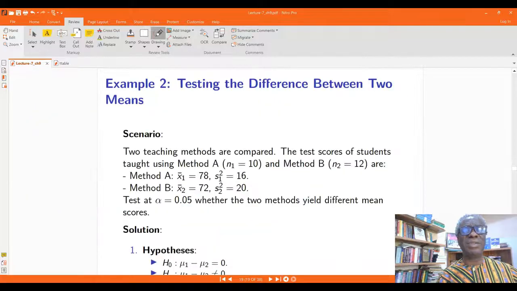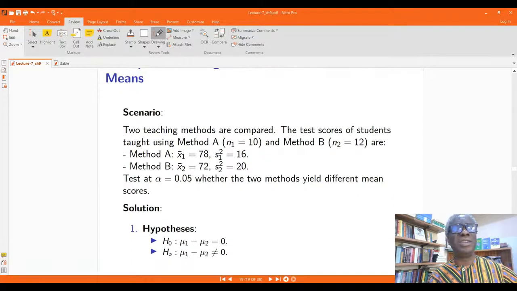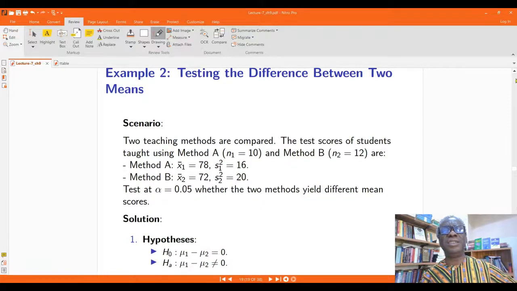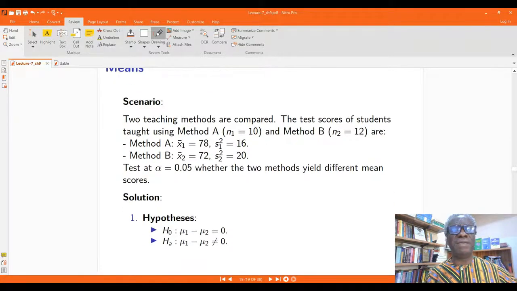So let's look at a typical scenario to illustrate the hypothesis testing for the difference between two means. In this scenario, you have two teaching methods that are implemented.